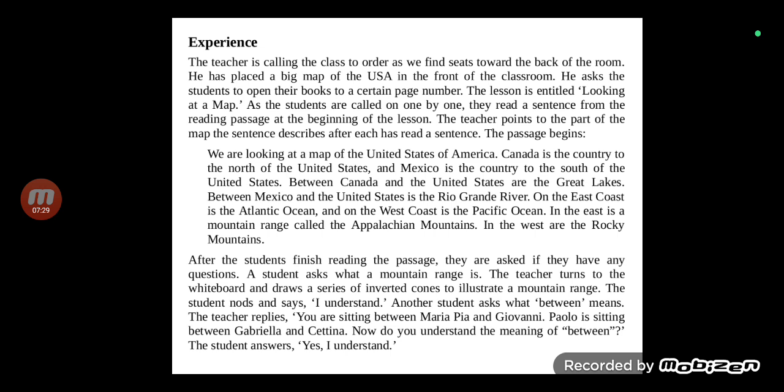Another student asks, what does between mean? The teacher replies, you are sitting between Maria Pia and Gavoni. Paulo is sitting between Gabriella and Katina. Now, do you understand the meaning of between? The student answers, yes, I understand.